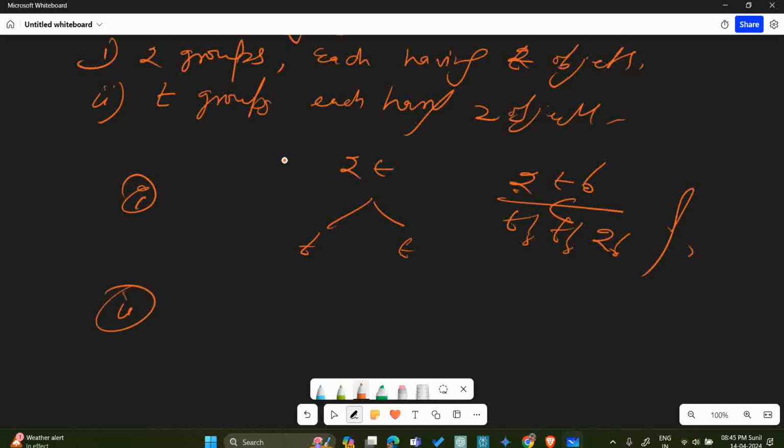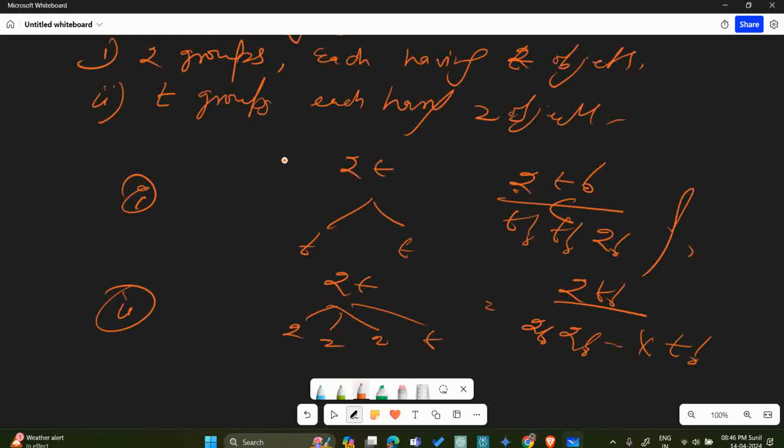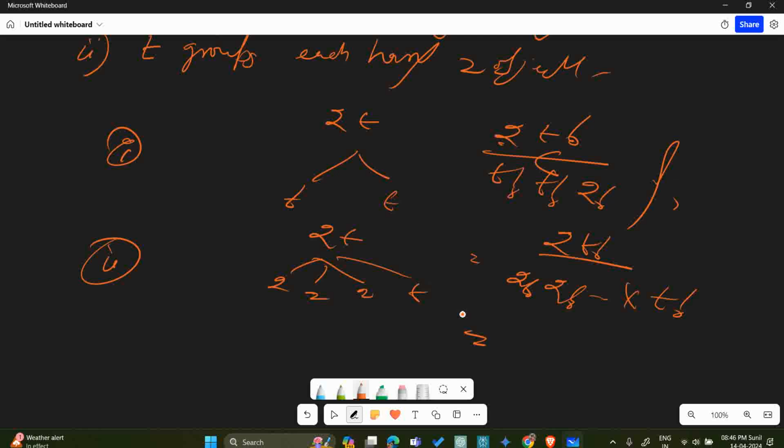Second case, we have 2t objects and t groups of 2: 2t factorial upon 2 factorial, t times, into t factorial. This is how we do it. And for a simple generalization, 2t factorial upon 2 factorial to the power t into t factorial. This is the answer. Right.